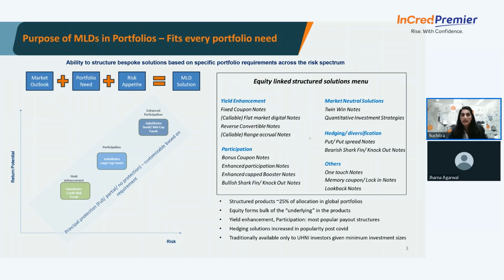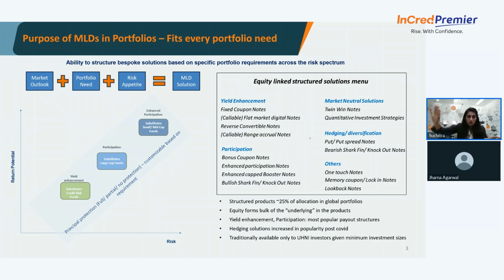So we can construct an MLD solution which will give you, let's say, 1.5 times the performance of Nifty, but you will have to take some downside risk. So even here, your risk-return is extremely skewed towards the upside. You get an enhanced participation on the upside of Nifty, whereas you get only 100% participation on the downside.